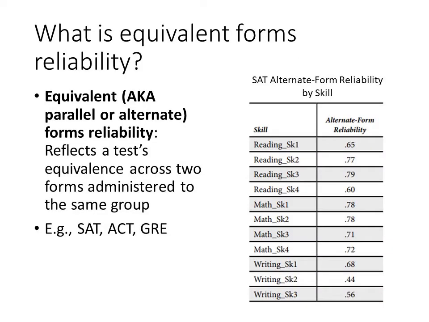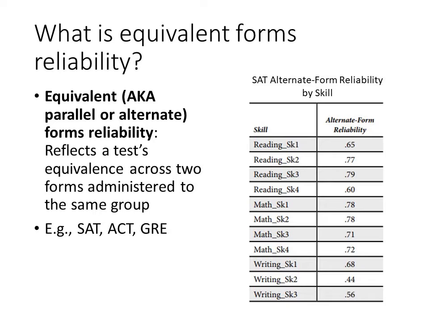Equivalent forms reliability has a few different names. Some people call it parallel forms reliability or alternate forms reliability. This type of reliability represents how well 2 different forms of the same test compare. We would administer the 2 forms to the same group of people.